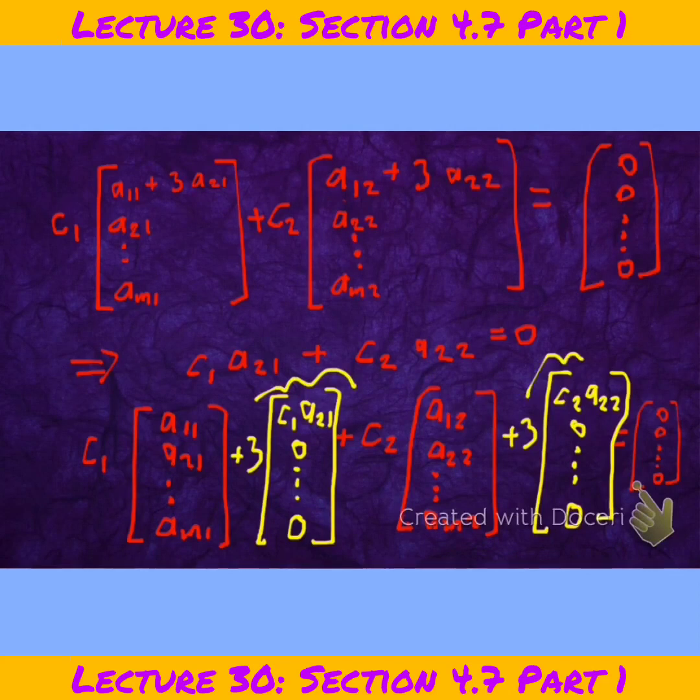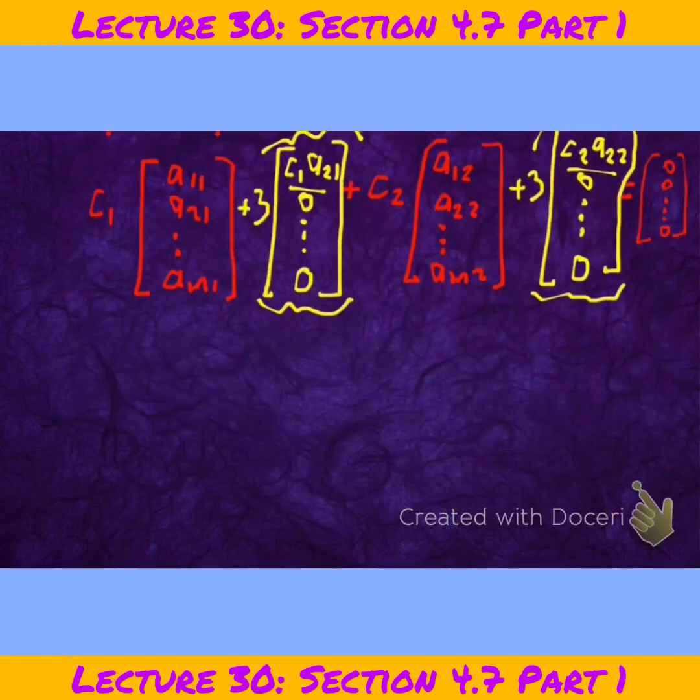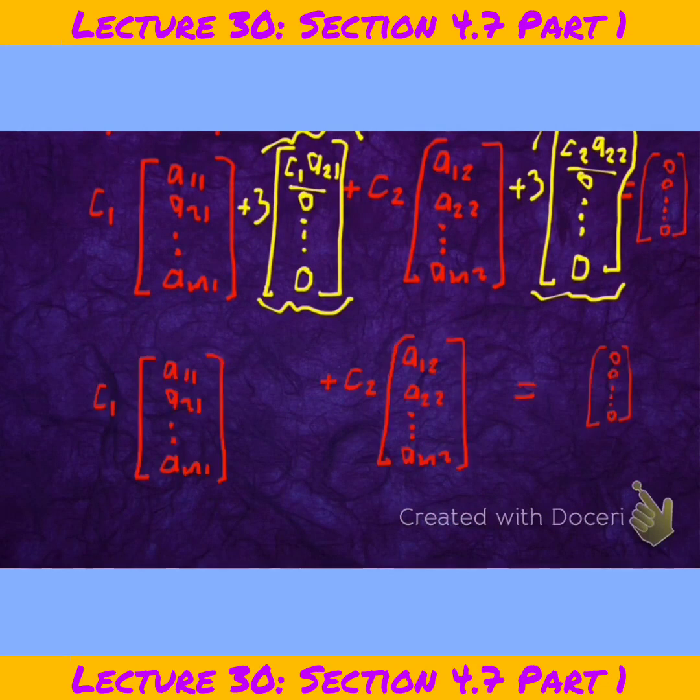We know that C1A21 plus C2A22 is 0. So this matrix plus that matrix is going to be the 0 matrix. The moral of the story is those yellow parts, like I said, are going to fall away, and we're going to be left with that.